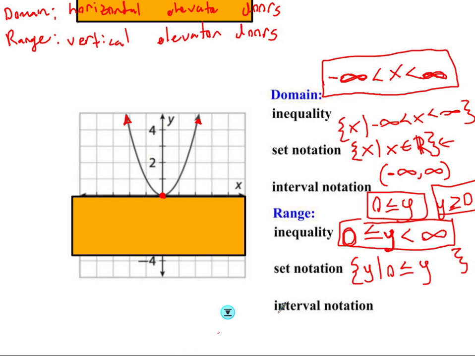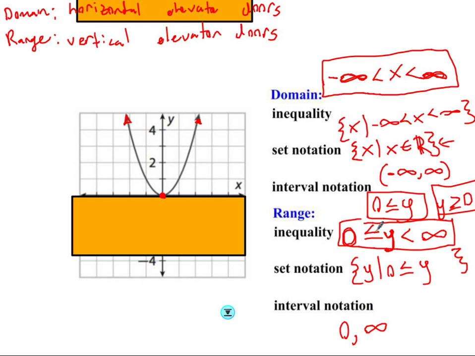And finally, interval notation. For interval notation, you're going to take your smallest value, which is 0, and then your largest value, put it on the right, which is infinity, and separate them by a comma.